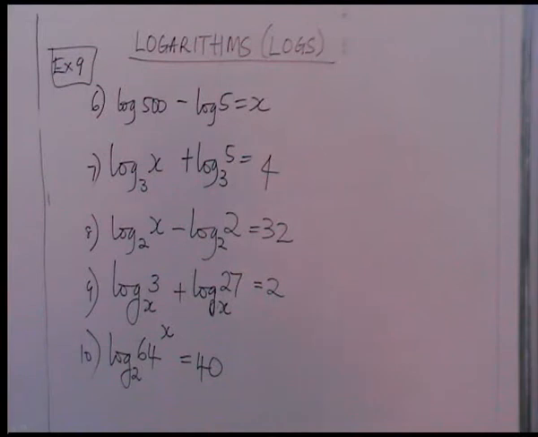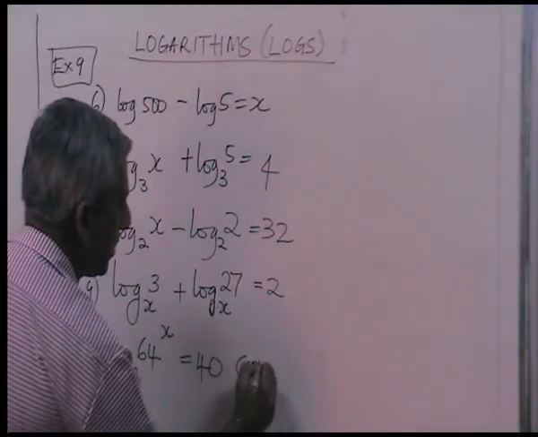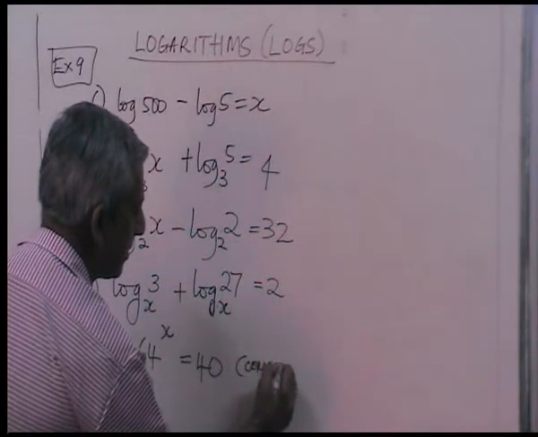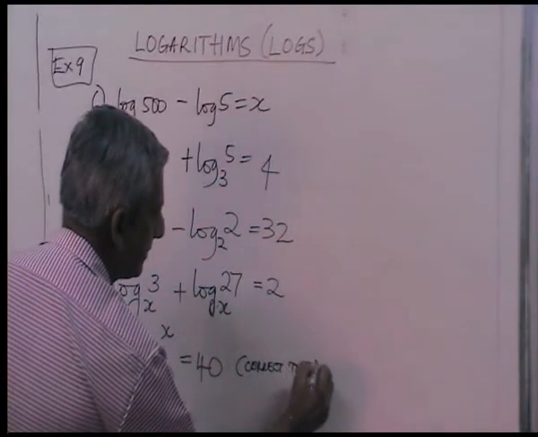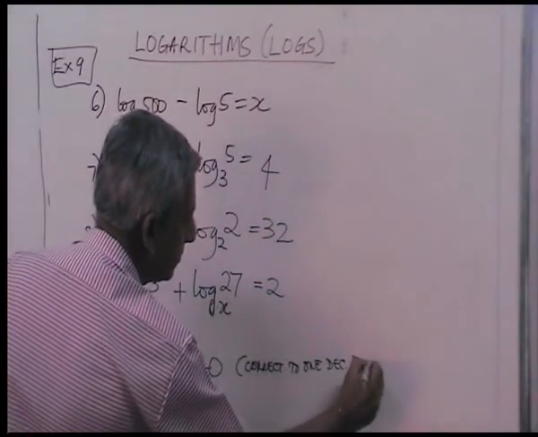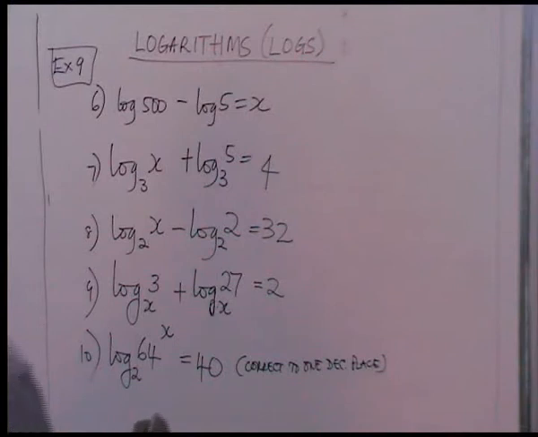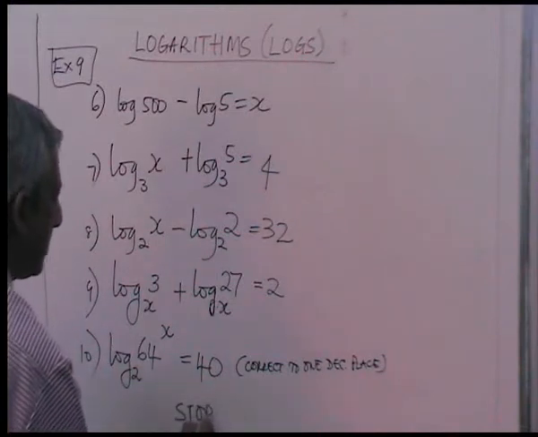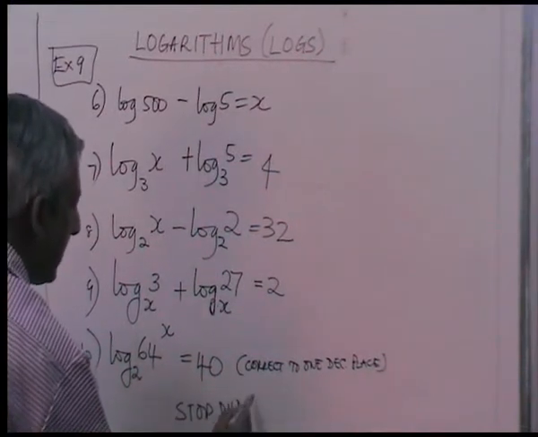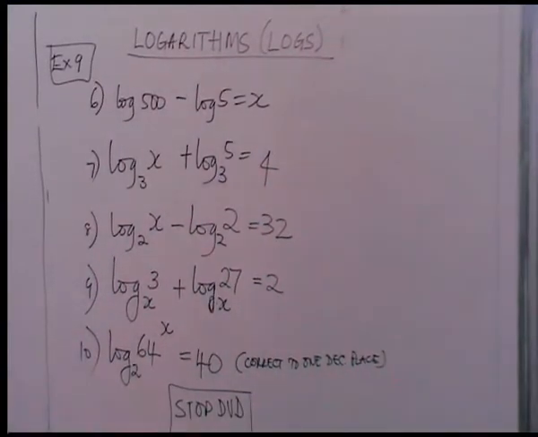So the last one you can just do it correct to one decimal place. Alright, so here are some examples. You can stop the DVD now, try them, and come back to have them marked for you.